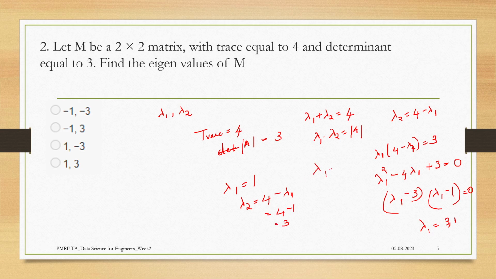When you put lambda 1 as 3, then lambda 2 will be 4 minus 3, which is equal to 1. Is that fine?